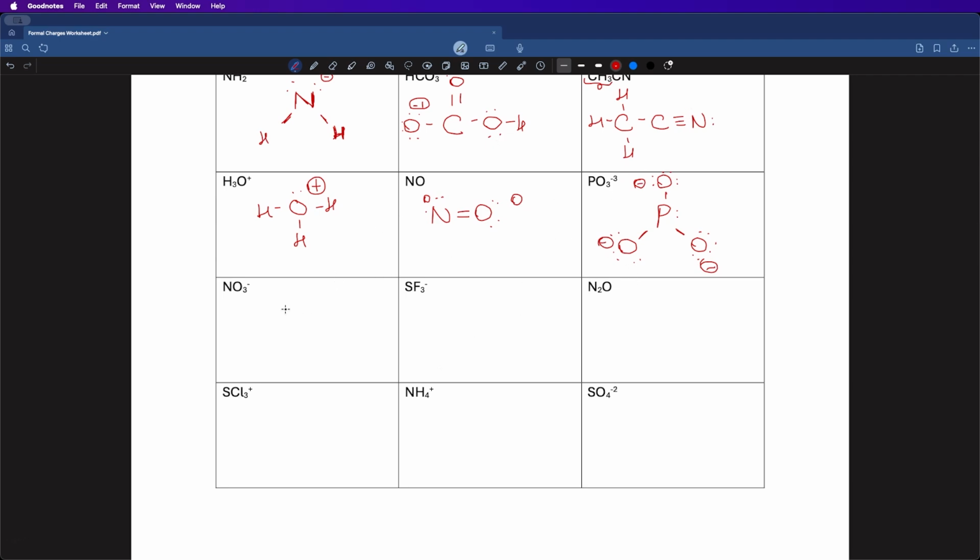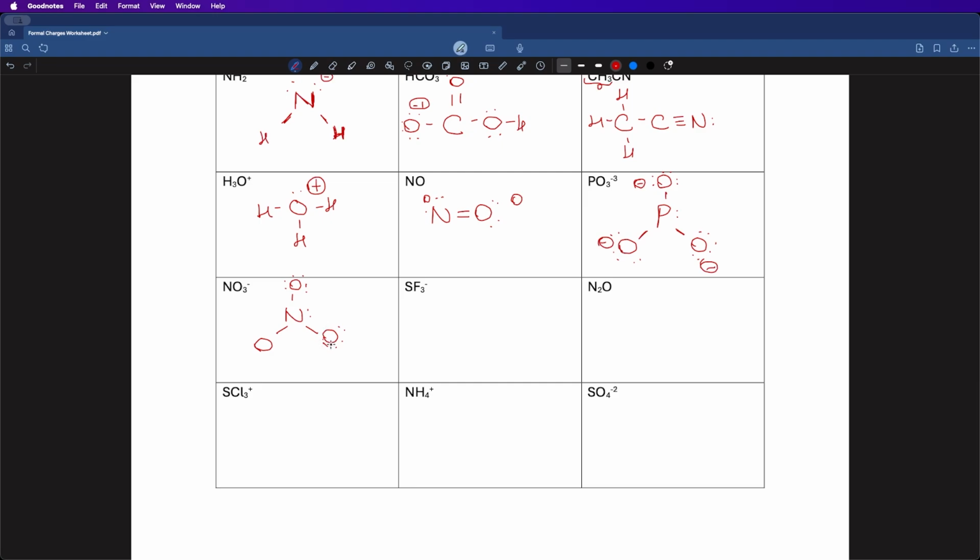NO3. We know that nitrogen likes 3 bonds, and we have 3 oxygens, so common sense would put nitrogen in the middle, surrounded by the oxygens, and 1 bond each, to try to give nitrogen what it wants, and it'll have another lone pair in there. So nitrogen should have a formal charge of 0. But the oxygens have 1 less bond than what they prefer. So they each have 1 bond. Let me erase that.